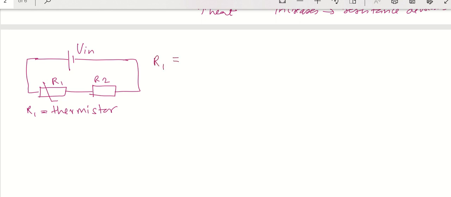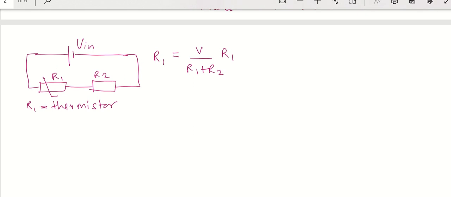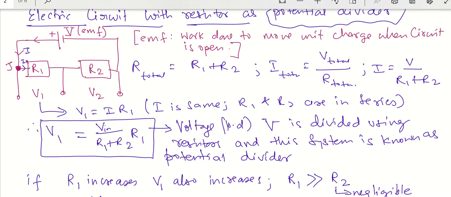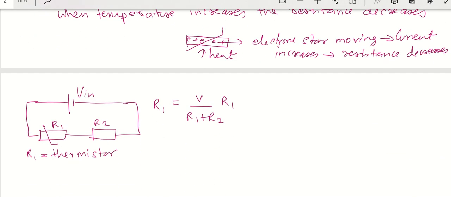We saw V1 is equal to V by R1 plus R2, correct? So that is V1. Okay, so this was the equation we derived up, right?